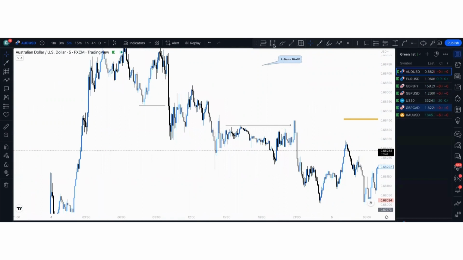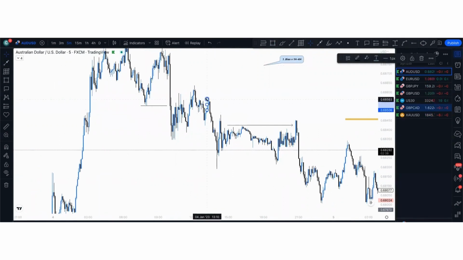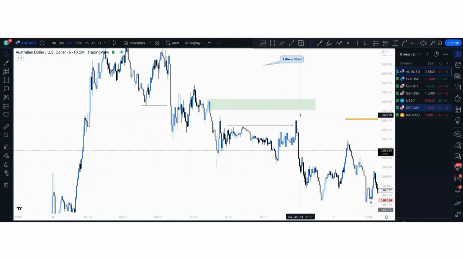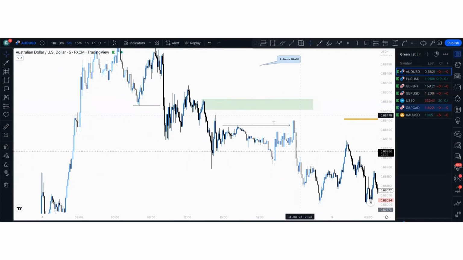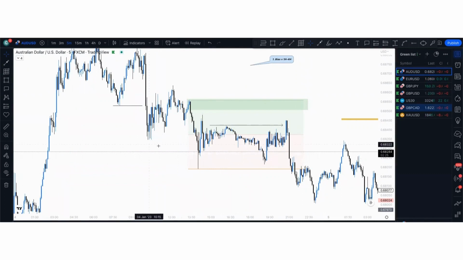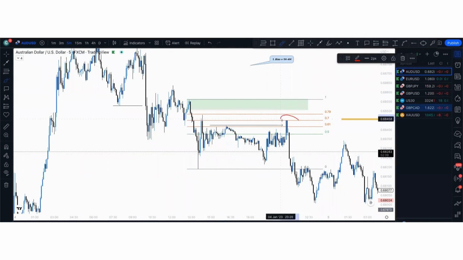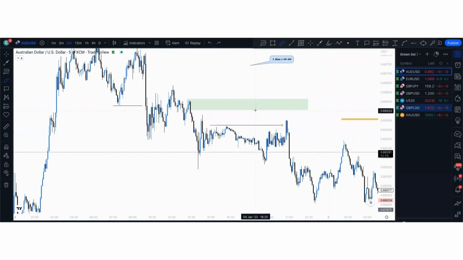So for me, this is the spot to enter, or a second entry, since this swing has broken this structure. You can use a premium or discounted zone, or a Fibonacci, right? So the price has respected this 0.7 area of Fibonacci, and at the same time it is in a premium zone.